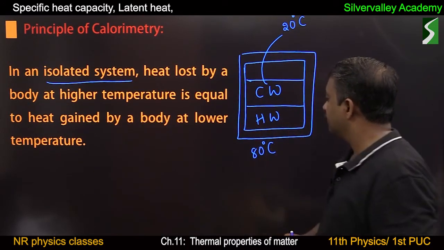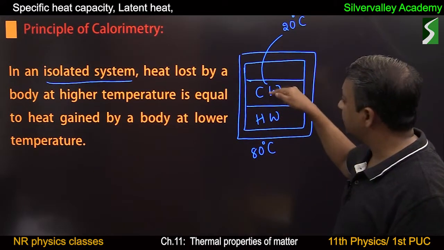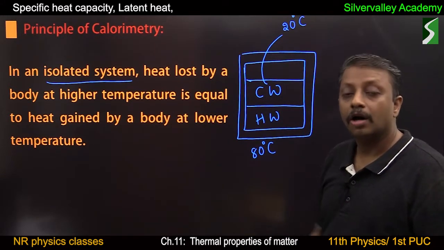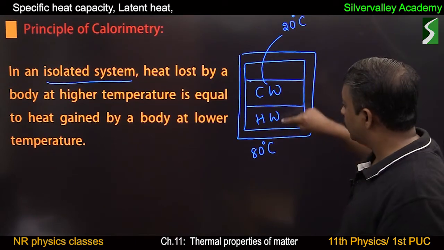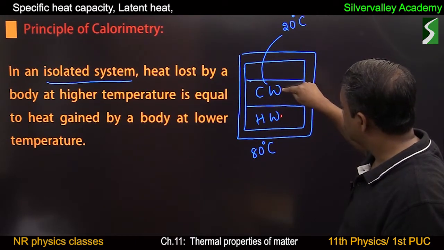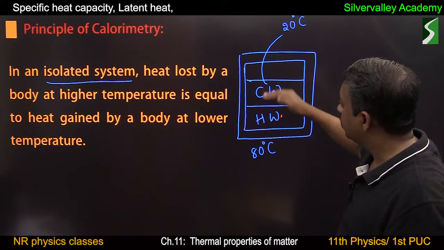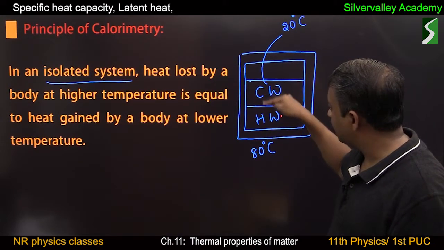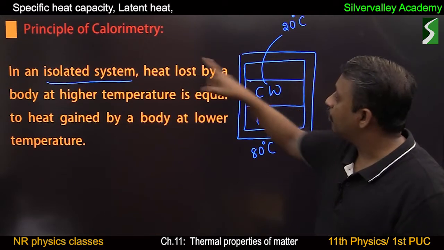In the isolated system, hot water can lose heat energy. At the same time, cold water can gain or absorb heat energy. So heat lost by hot water is equal to heat gained by cold water. Heat lost by this is equal to heat gained by this. That is the principle of calorimetry.